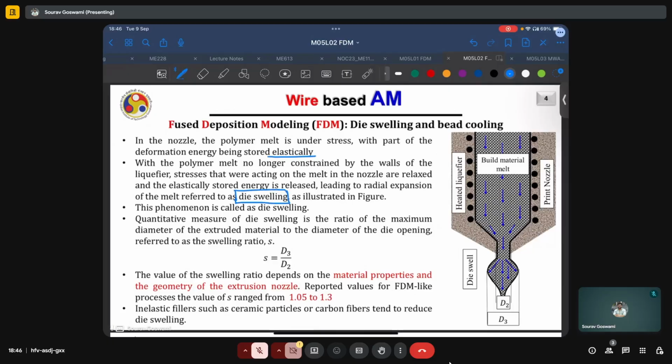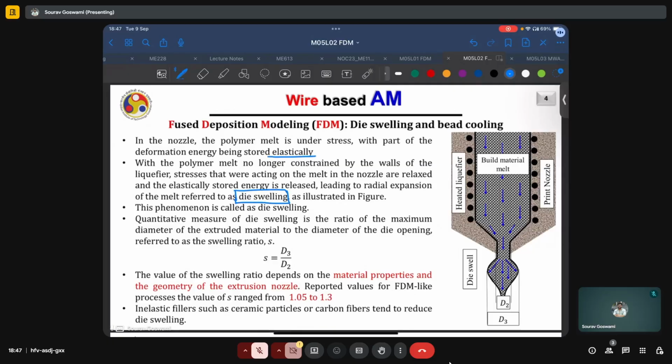What is happening is that the orifice of the nozzle has some nominal diameter d2, and when we are pushing or ejecting this liquid polymeric material from it, what we expect is the ejected material will also have a diameter of d2. But this does not really happen because the molten material has some amount of elastic energy stored inside it when it is ejected.